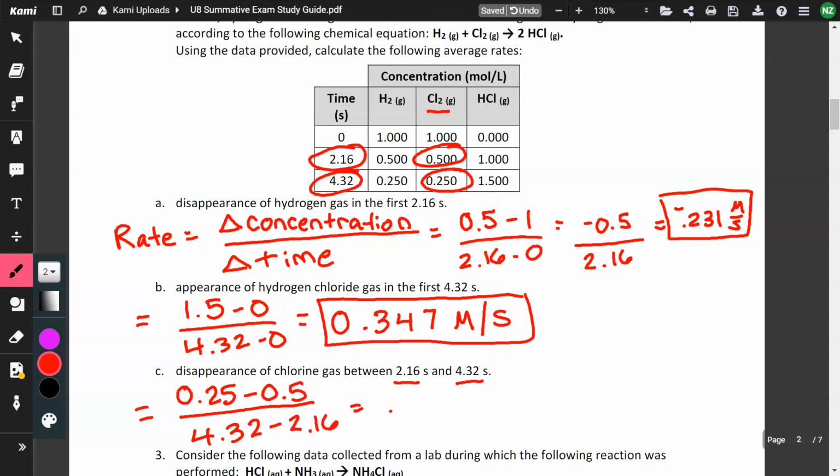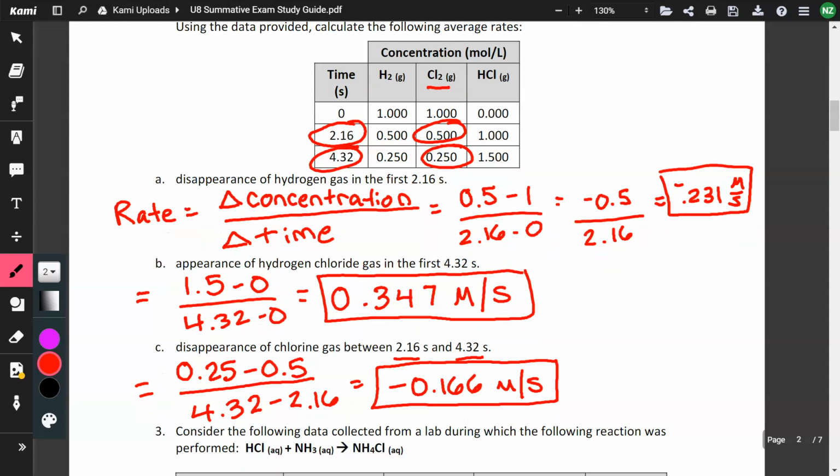And you should get a negative 0.166 molarity per second. So it's asking about the disappearance, so that would explain why this is negative. So we're losing 0.166 molarity per second of chlorine gas every second.